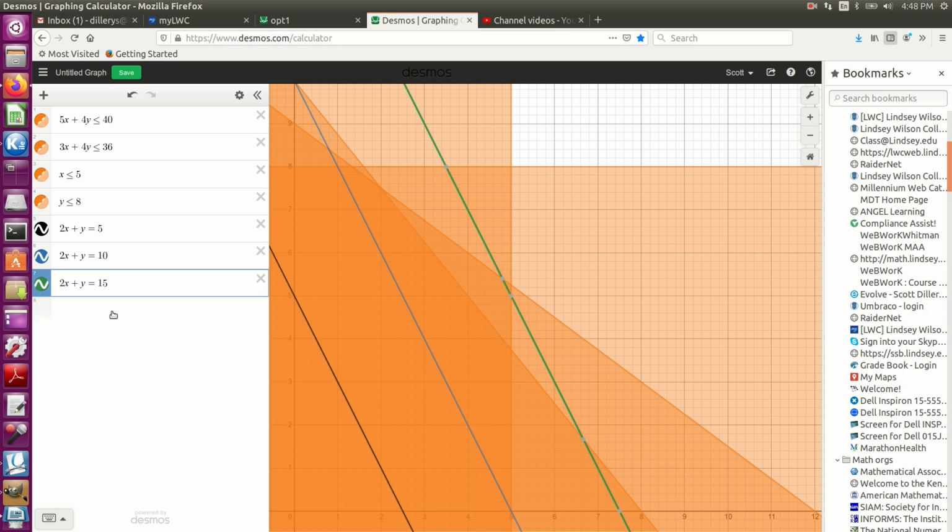Since this point looks really close to the 15, I'm going to back off. I'm going to start with the 15 and go 2x plus y equals 14. And that's really close, but it's not quite there. There is a point right there.